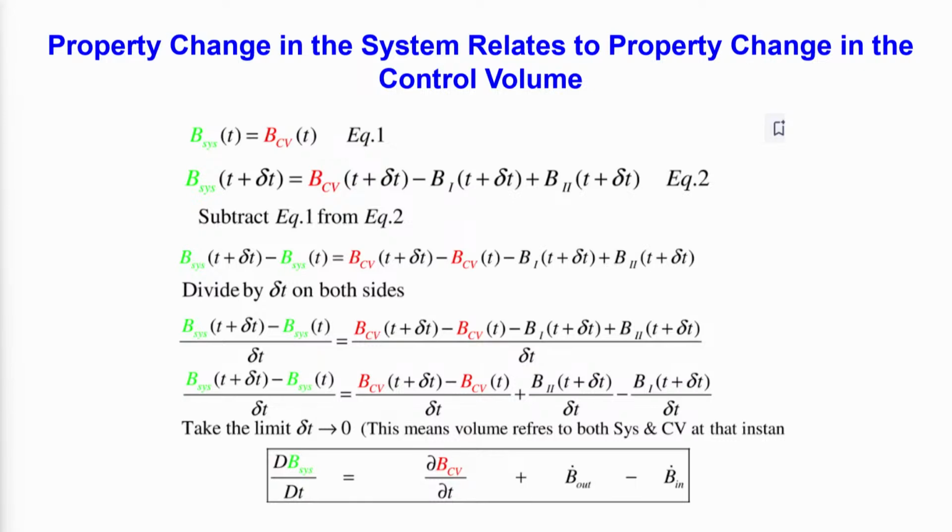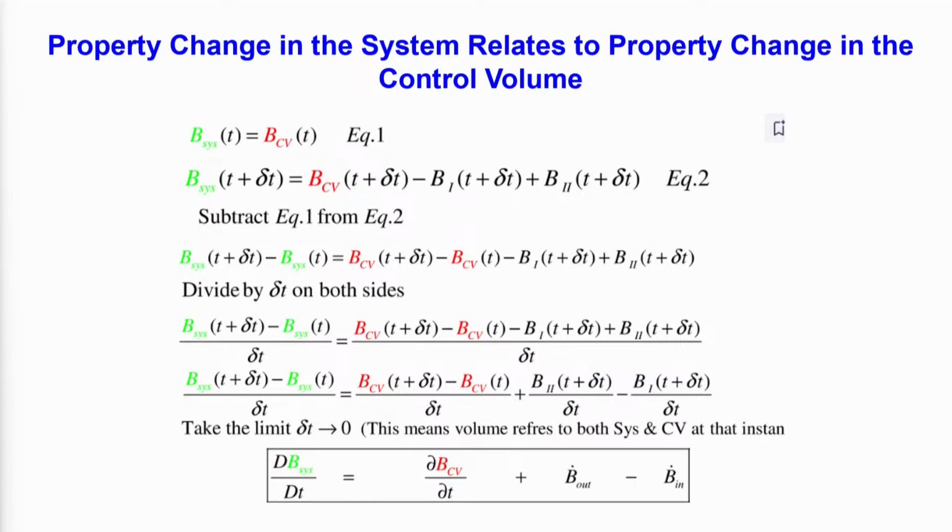At time t plus delta t, we have just seen equation 2. So, you subtract these two and this will give you the change in property of the system. Why are we so interested in that? Anything related to the system, which is the control mass system, you can relate with Newton's second law of motion, because that is how Newton's laws are stated in the Lagrangian framework.